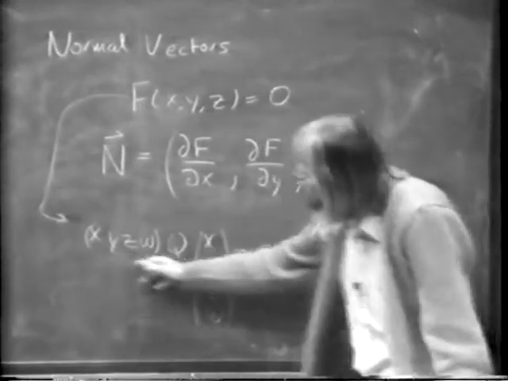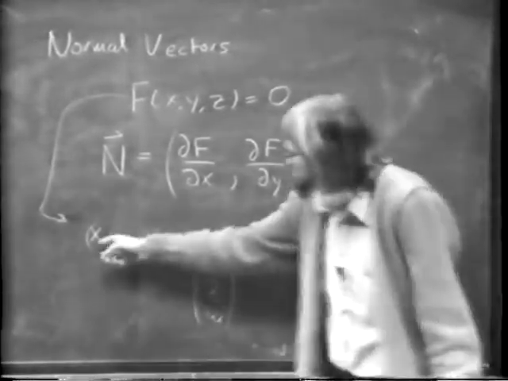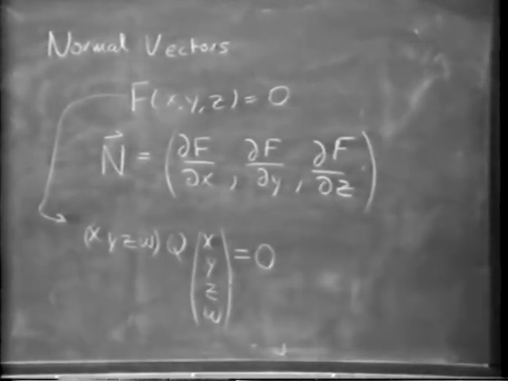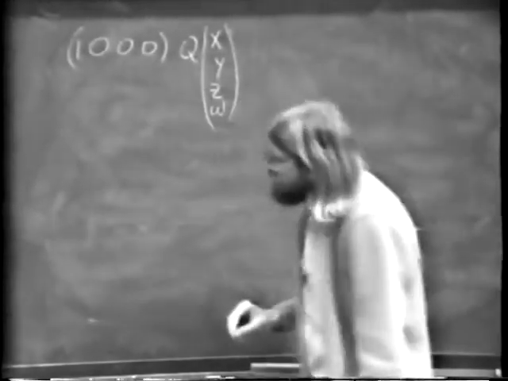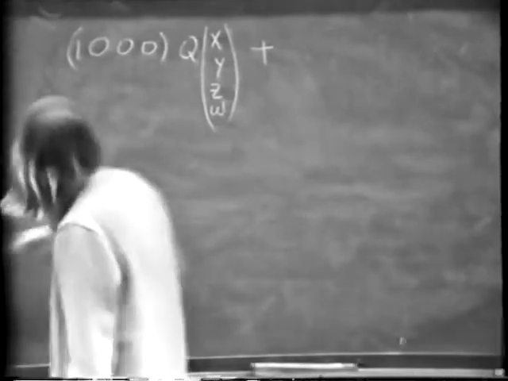It's the derivative of this thing with respect to x: 1, 0, 0, 0. Derivative of x is 1. Everything else is independent of x. So we have that times q, the first term, and the second term is the other way around.